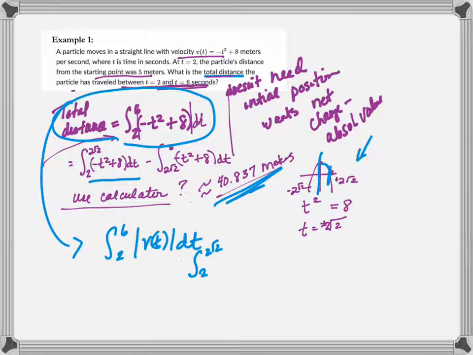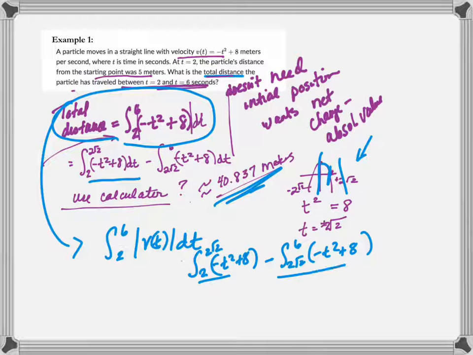And so that would be negative t squared plus 8. And then you subtract the negative part, and that would be till 6. So 2 square root of 2 to 6 of negative t squared plus 8. And that's how you would have to calculate it separately. But it's nice when you have your calculator because you can just use those absolute value signs. And let me know if you don't know where those absolute value signs are in your calculator.